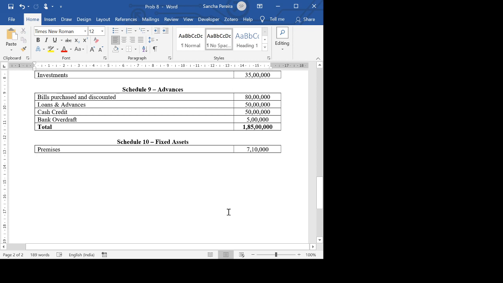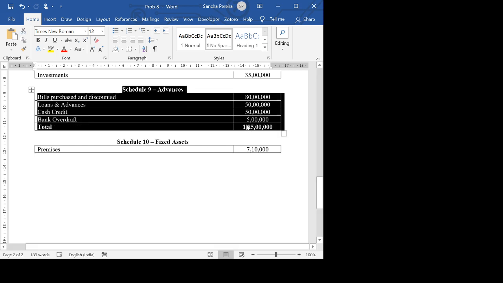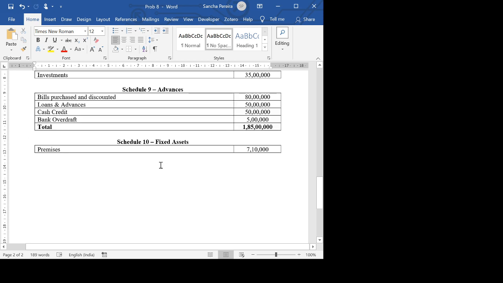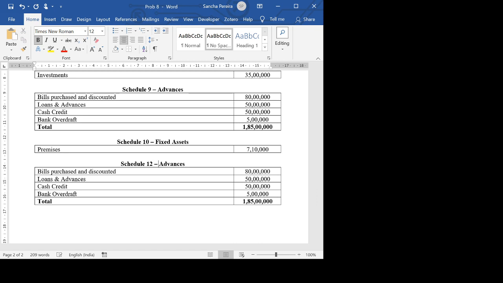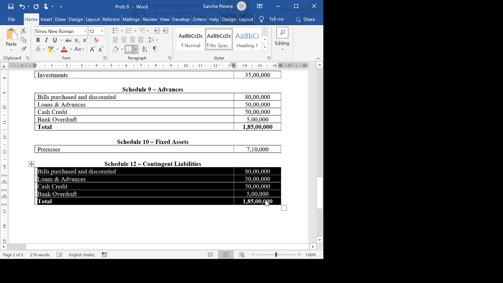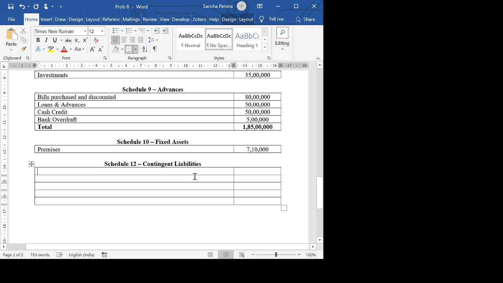Anything under other assets? No. Okay. So the next one will be Schedule 12, contingent liabilities. Now, we have identified some here. First thing is acceptances from customers, which is 25 lakhs.